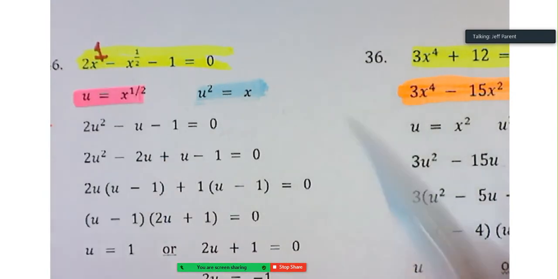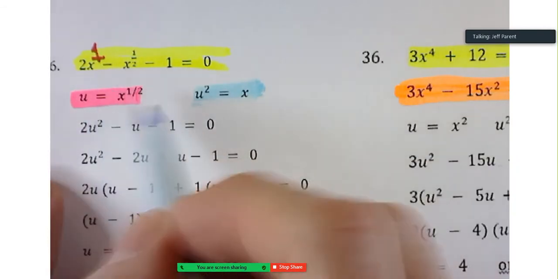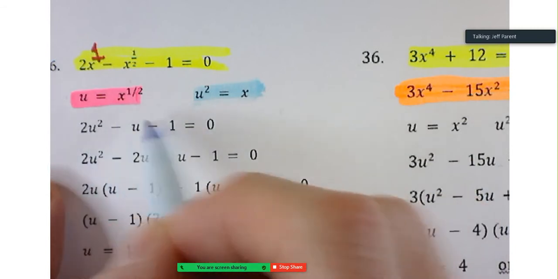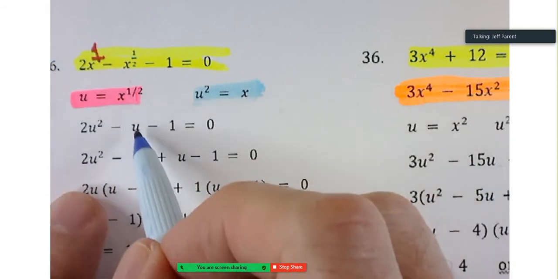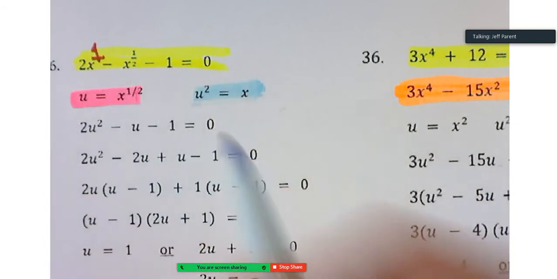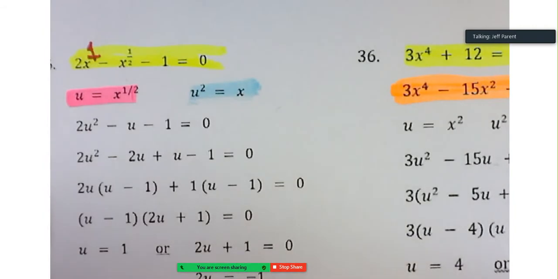With that, you're going to rewrite this equation. Instead of the 2x to the first power, I can write 2u squared, because x is u squared. And then instead of x to the 1/2, I'll just write a u. That gives me an equation that we're more familiar with. That's a quadratic equation. Now below that is how you factor this and set it equal to 0.